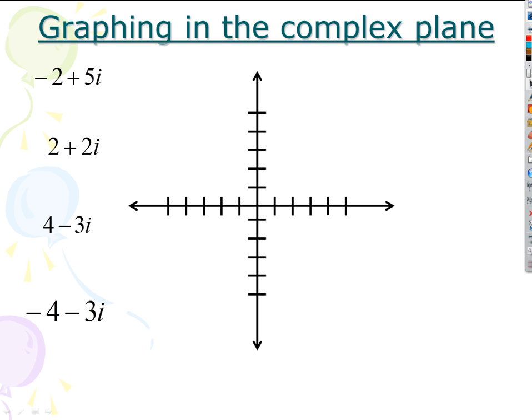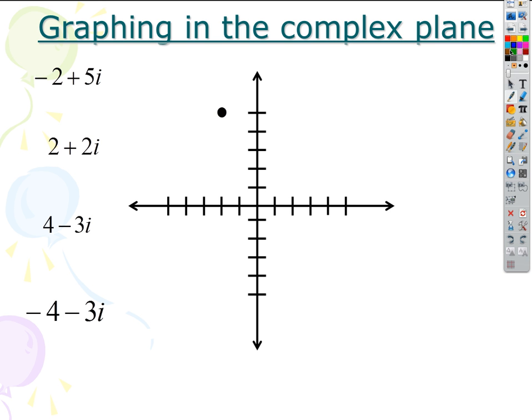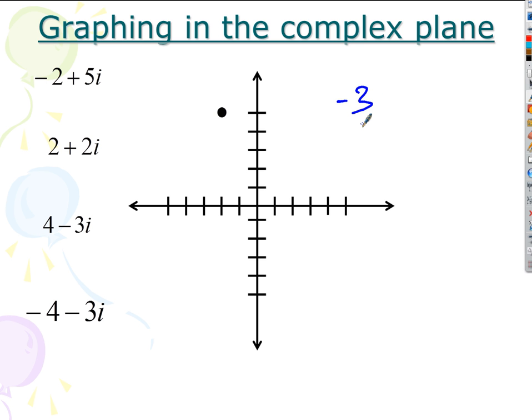If I want to talk about a number I'm used to, let's take the number -3. What that really is is -3 plus 0i. But we just never knew about the plus 0i part. The plus 0i part means that the coordinates of this thing are just -3, 0. All we ever knew about was just the -3 part. But the 0 part is actually there. Okay, it's just on the real axis.